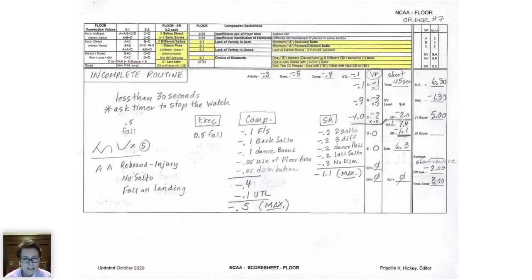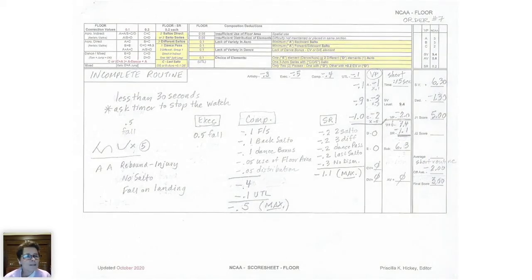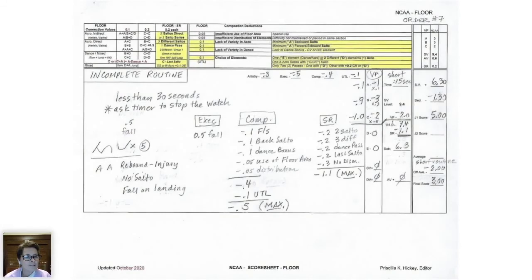This is a reality. This happened to me twice in one season on floor and bars. So I developed a worksheet that I put on the Google Classroom for NCAA that you can find on the NAJ website. But this was considered an incomplete routine. And you need to have some process, some way for you to come up independently with a start value and a score.